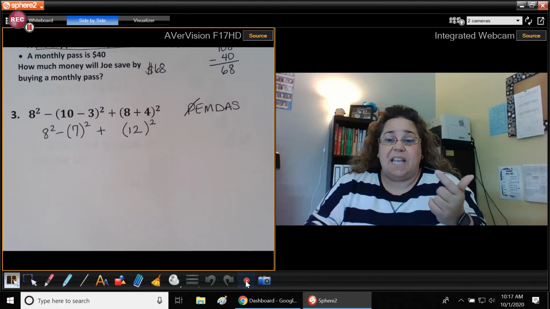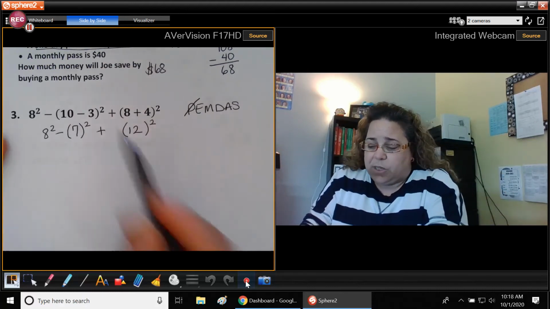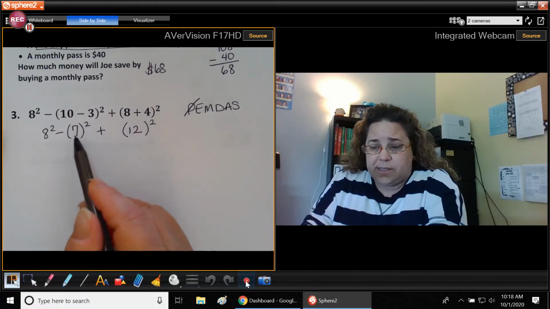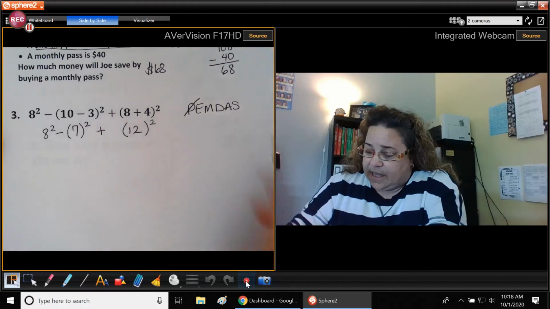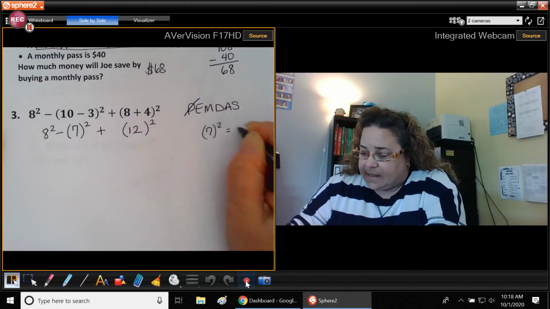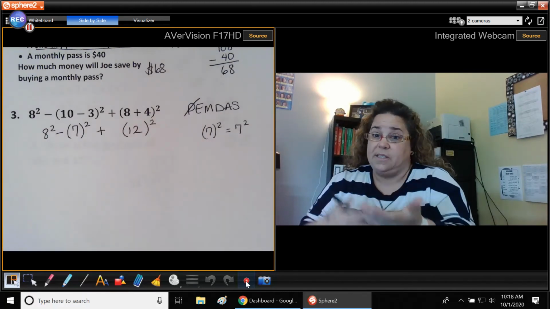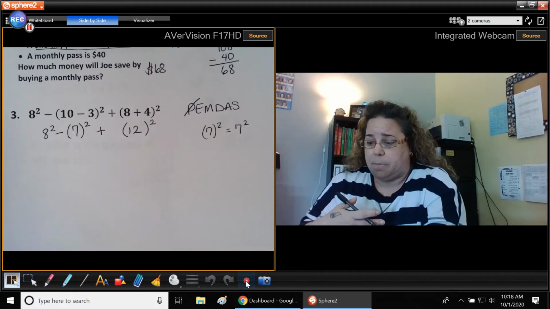Next step, E. E is for exponents. Okay, so when you've done all the work in your parentheses and you get it down to one number, it's simple. It's the same thing as this is the same thing as this. Okay? Because there's only one number in the parentheses, so it applies to that one number.